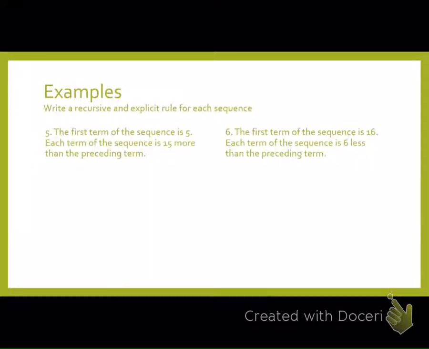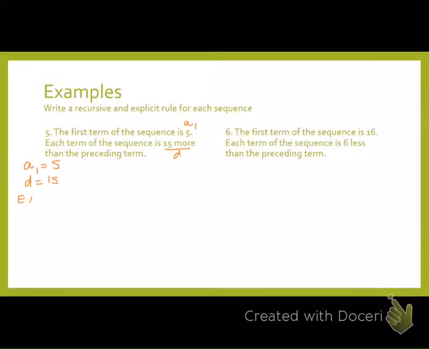All right. The first term of the sequence is 5. Each term of the sequence is 15 more than the preceding term. So, what is my first term, Jayla? And what is my common difference, Grace? Nope, be careful. Read the problem again. 15 more, so that is your common difference. So you're adding 15 each time.